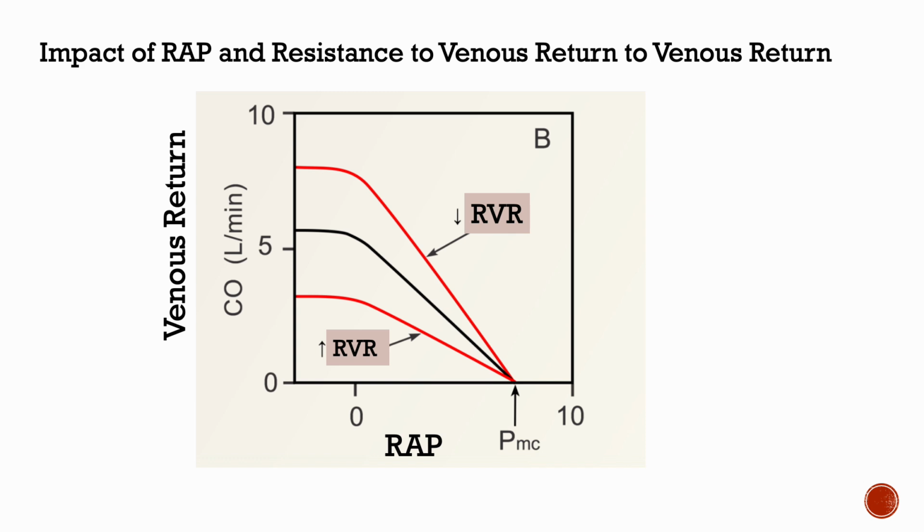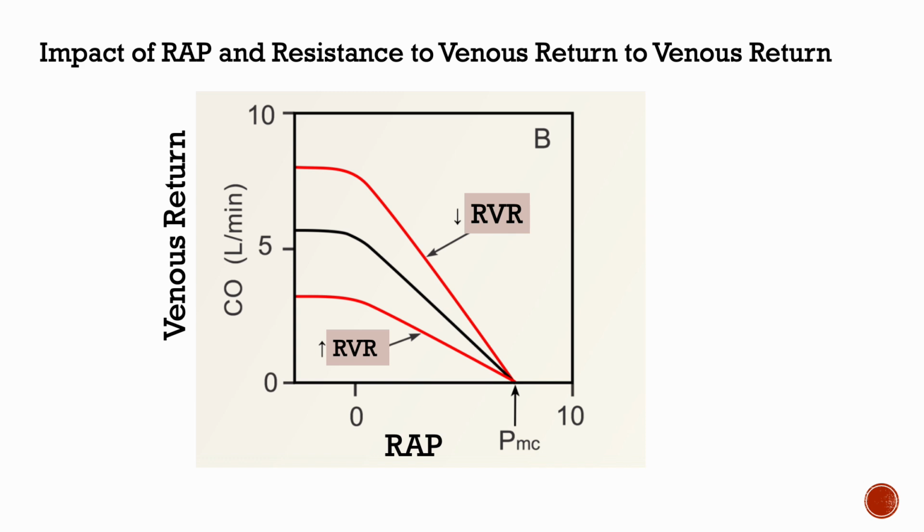This might crop up in a situation where you put a very small ECMO cannula in somebody and you're doing everything you can to get blood out of the body so you can put it in the pump and generate pressure and cardiac output. But no matter what your pressure gradient is, if you have a small cannula that's creating a lot of resistance to venous return, you're probably going to be clamped at a lower cardiac output, no matter what you do in terms of increasing right atrial pressure or mean circulatory filling pressure.